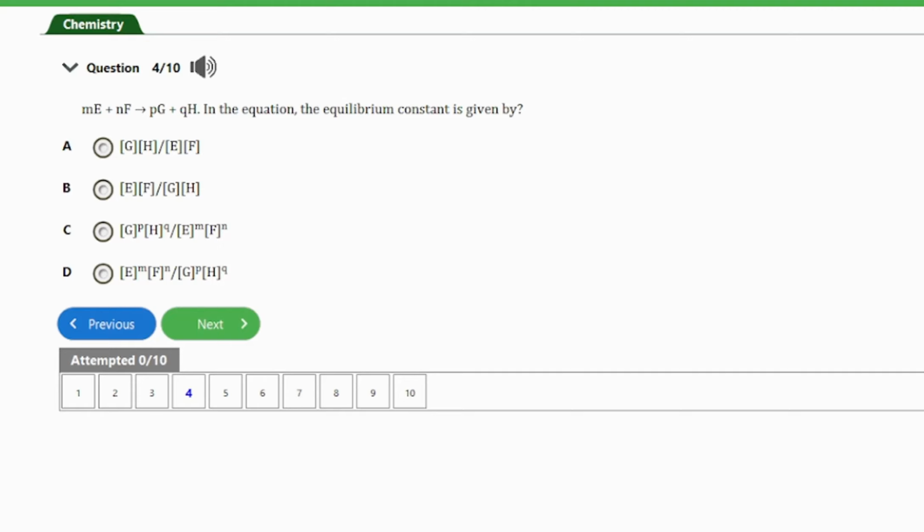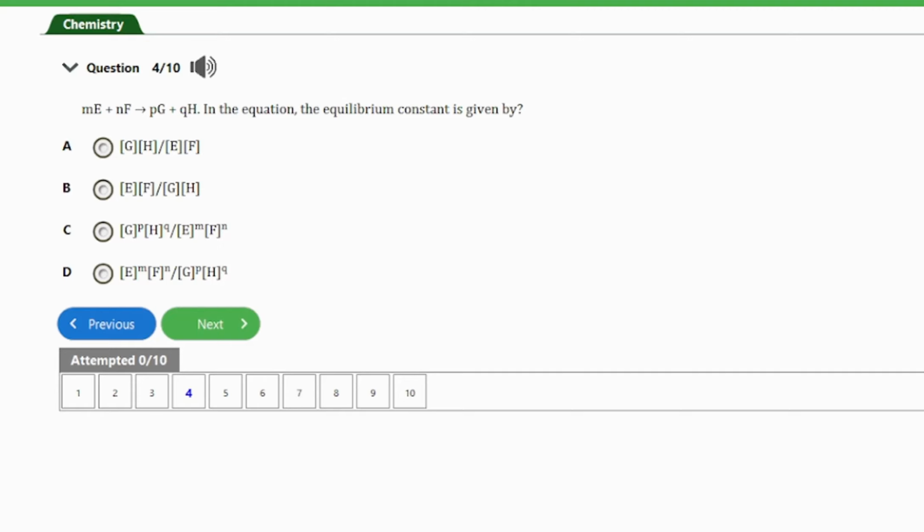In this equation, the equilibrium constant is given by A concentration of G times concentration of H over concentration of E times concentration of F, B concentration of E times concentration of F over concentration of G times concentration of H, C concentration of G to the power of p times concentration of H to the power of q over concentration of E to the power of m times concentration of F to the power of n, and then D concentration of E to the power of m times concentration of F to the power of n over concentration of G to the power of p times concentration of H to the power of q.